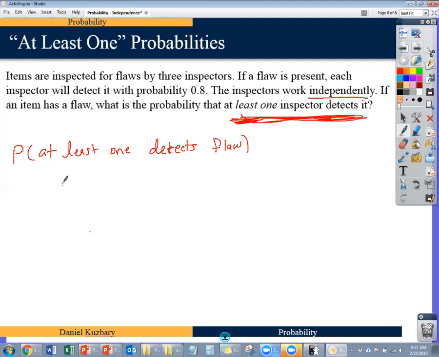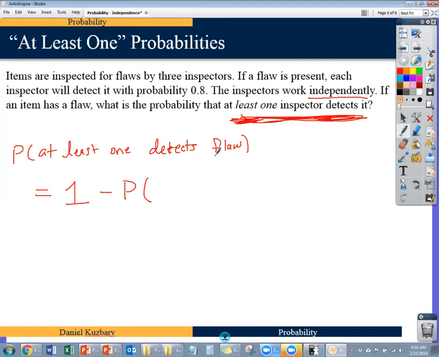And so here's the at least one trick, because this can get confusing if you start throwing in a bunch of different events and calling them names. I'm going to do what I call the at least one trick, where I do 1 minus the complement. So what's the complement of at least one person finds it? At least one could be one person finds it, or two people find it, or all three of them find it.